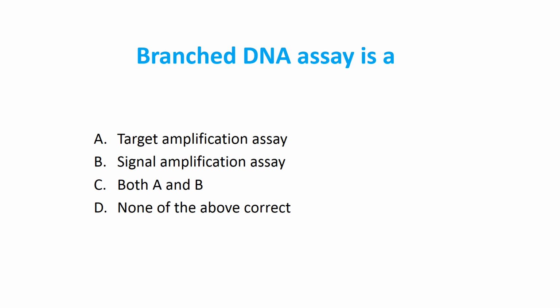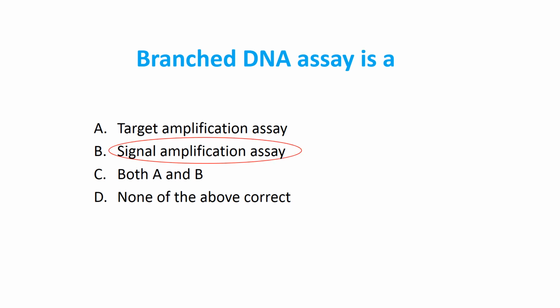The second question is, branched DNA assay is what kind of assay? The correct answer is signal amplification assay. Branched DNA assay is a signal amplification assay. It's not a target amplification assay because in this assay, the DNA or RNA will not be amplified.